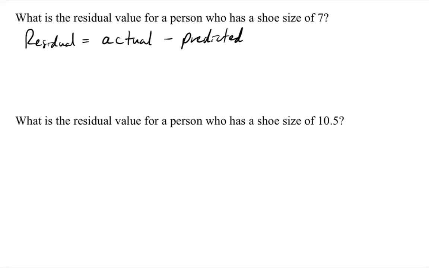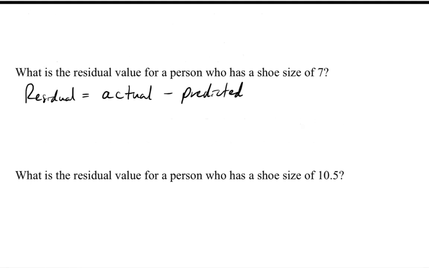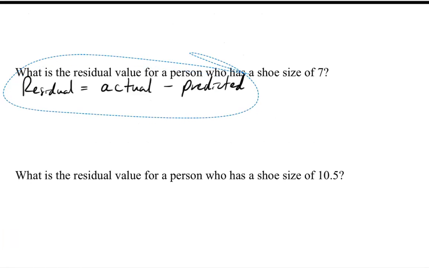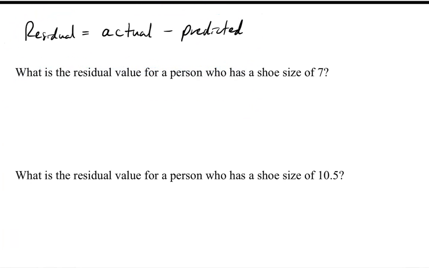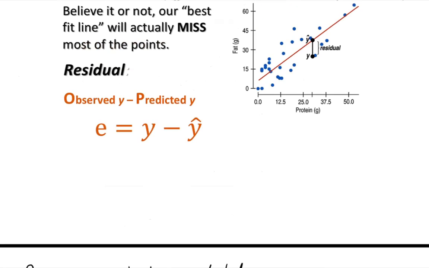The actual value, let me write it up here. So we need the actual value minus the predicted value. All right, that's what it says.